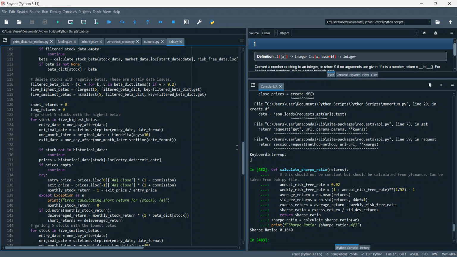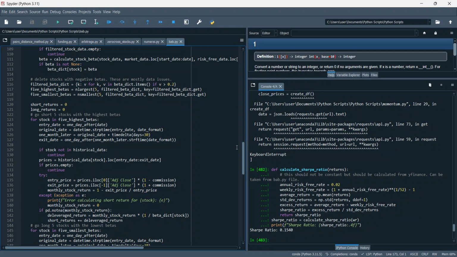We go through all the stocks in the S&P 500 index at that time, and we calculate betas for all 500 stocks. Then we select five stocks with the lowest beta, and we go long them.